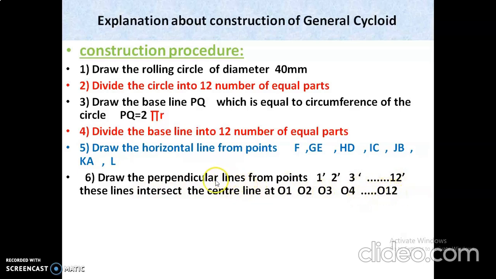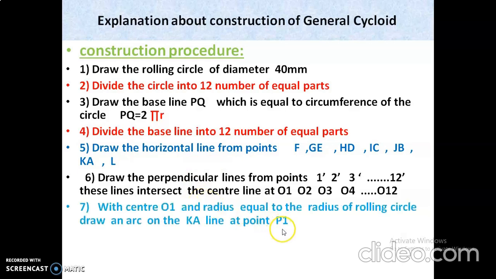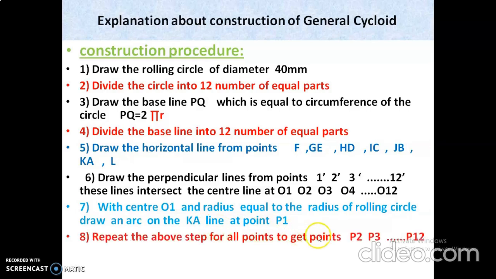Seventh point, with center O1 and radius equal to the radius of the rolling circle, draw an arc on the KA line at point P1. Repeat this seventh step for all points to get P1, P2, P3, P4, P5, P6, P7 and so on up to P12.